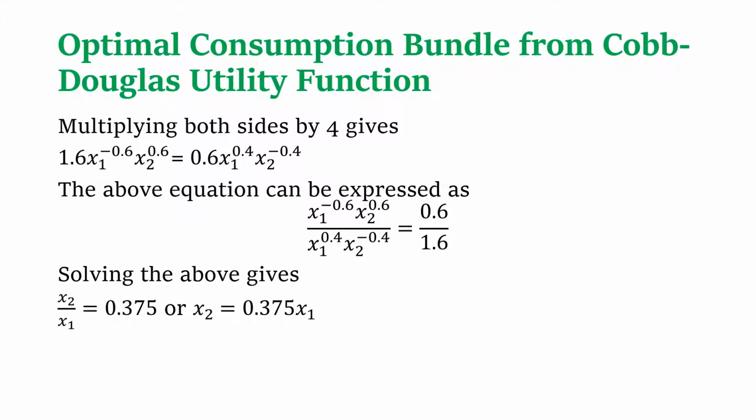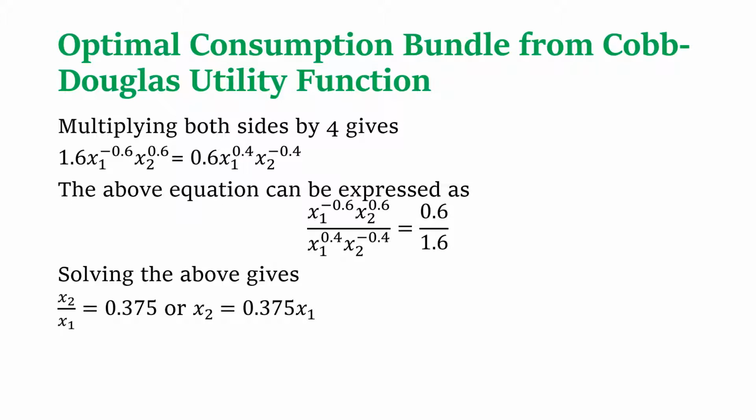So x1 to the minus 0.6 over x1 to the 0.4 is the same as what? x1 to the minus 0.6 minus 0.4, right? So minus 0.6 minus 0.4 is the same as what? Minus 1. So it becomes x to the minus 1. But remember, x1 to the minus 1 means the reciprocal of x1, 1 over x1, right?